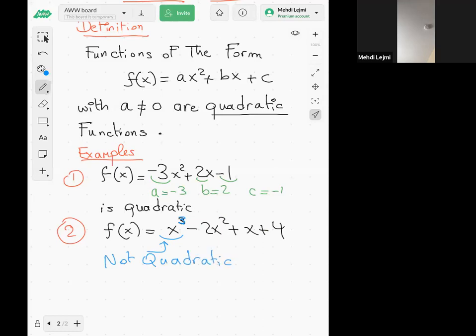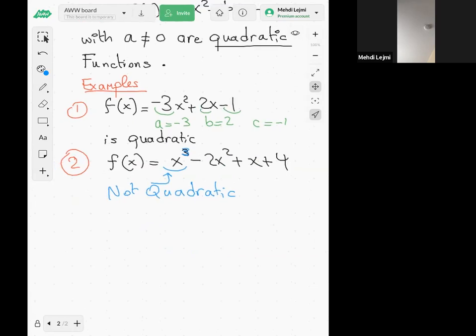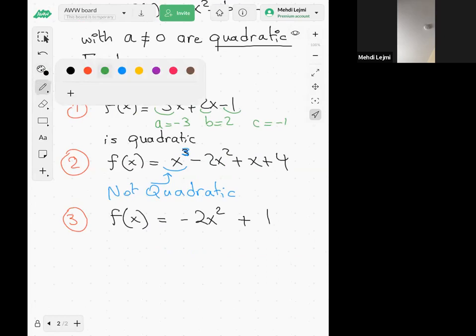Now, you can also have quadratic functions with b or c equal to 0. So for example, if you have f of x equal to minus 2x squared plus 1, then it's okay. Your a is negative 2, which is good.